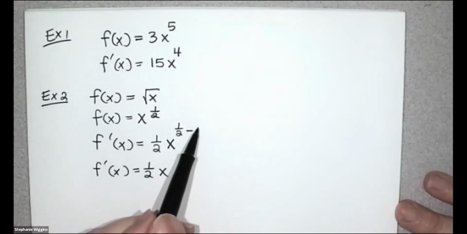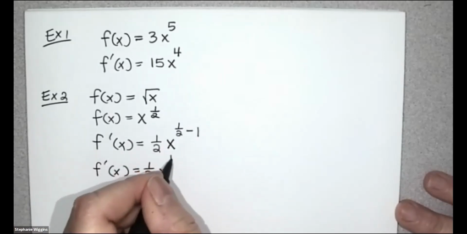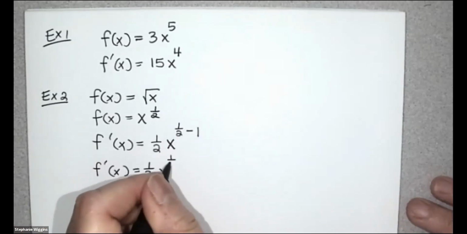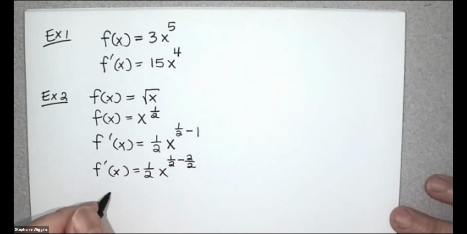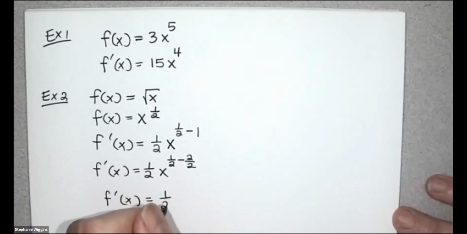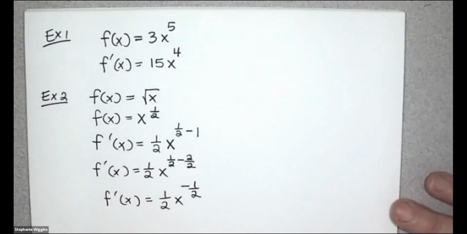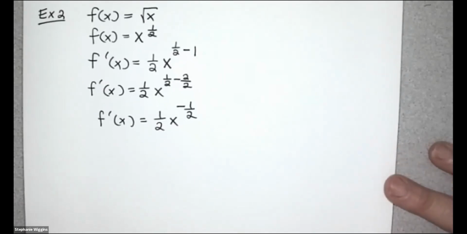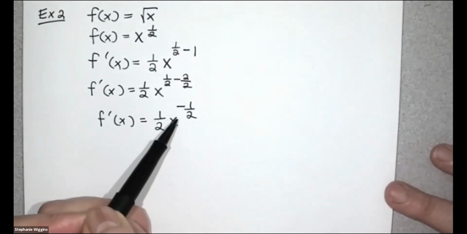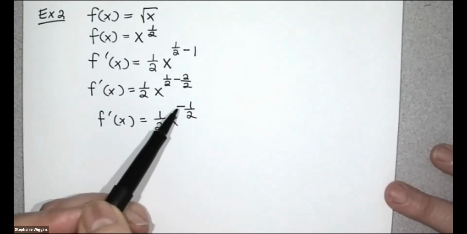And when we subtract 1, of course, we have to have a common denominator. You know that 1/2 minus 1 is negative 1/2, but I'm just going to write it out here for you. So this is going to be negative 1/2. And that negative just means that x to the 1/2 is going to be in the denominator.